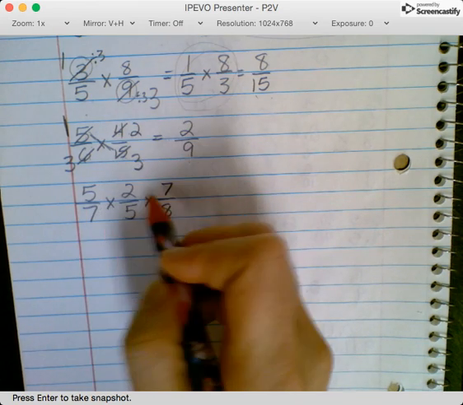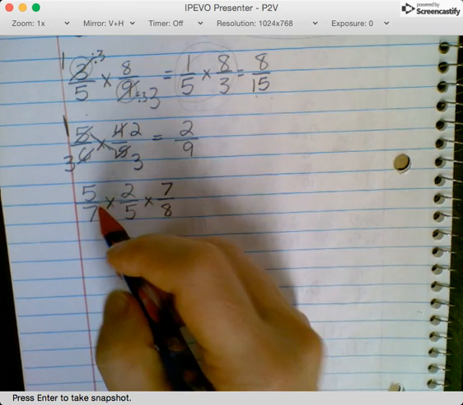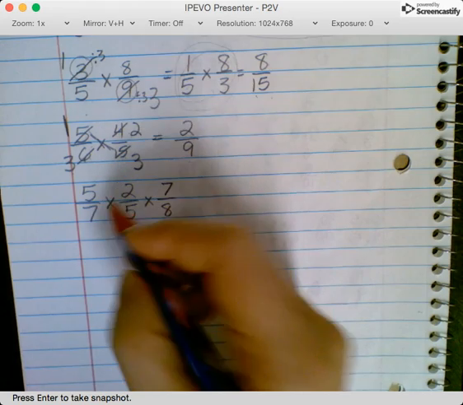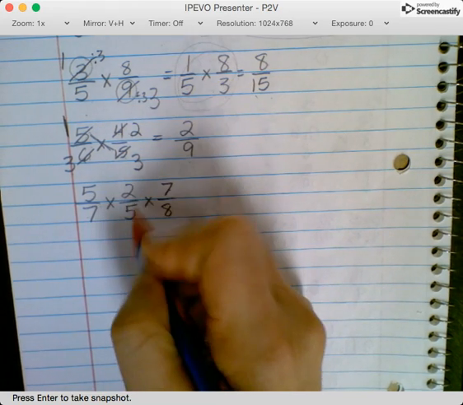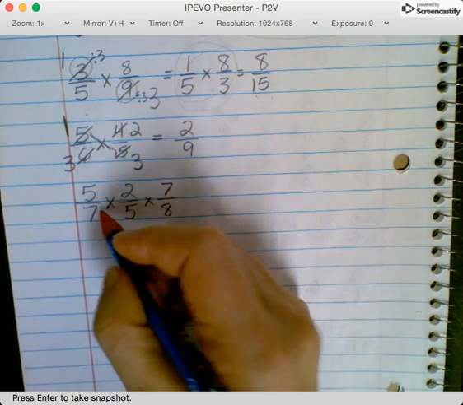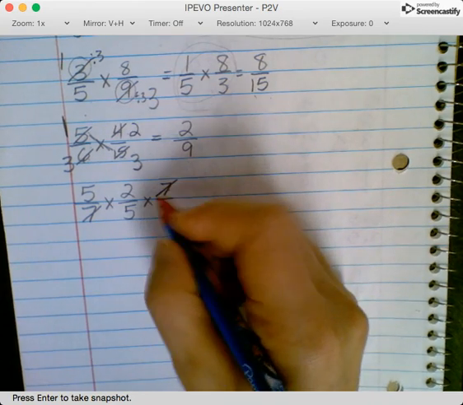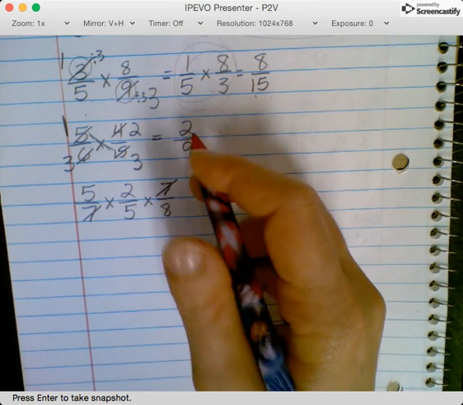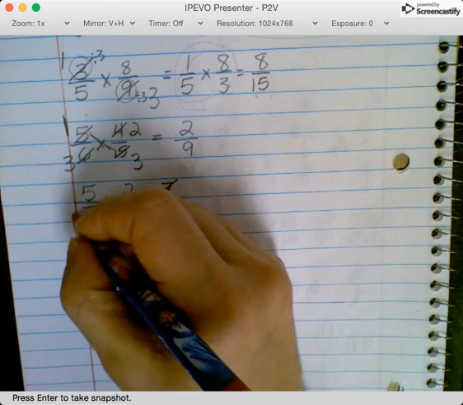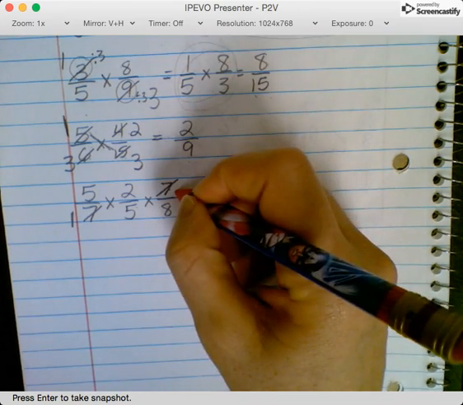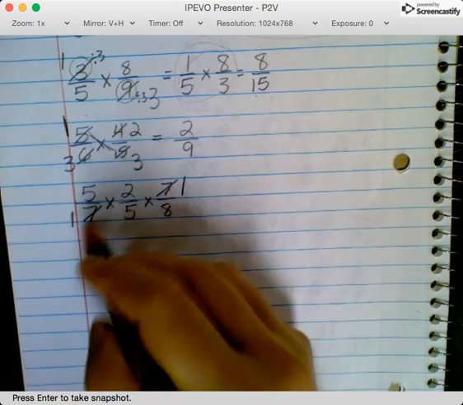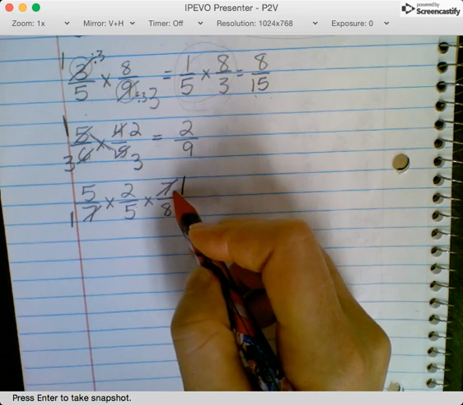So if I look at this, the first thing that pops out to me is that there's a 7 and a 7, and there's a 5 and a 5. So I know immediately 7 and 7 can both be divided by 7. 7 divided by 7 is 1, and 7 divided by 7 is 1. So those both become 1.